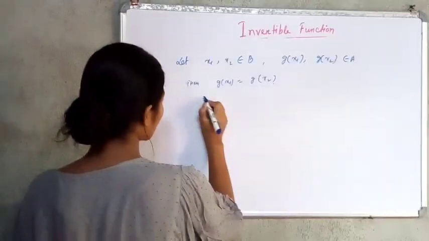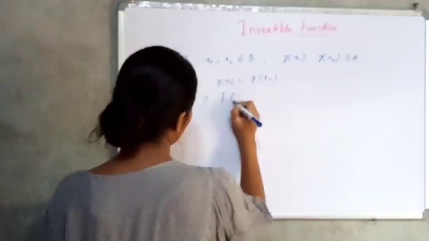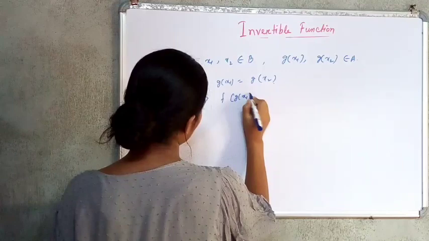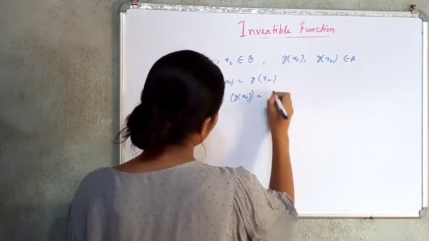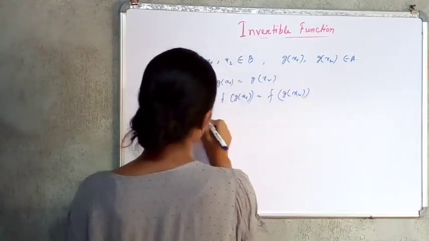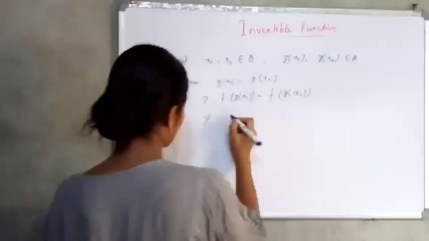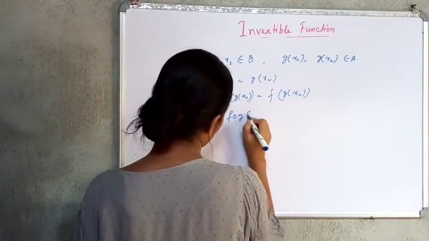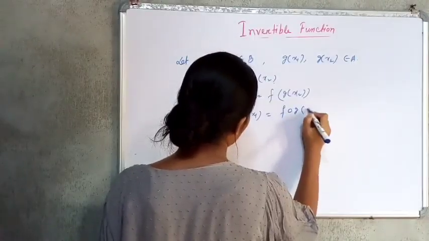Now, taking the function f on both sides, f of g of x1 equals f of g of x2, and f of g of x1 is nothing but f naught g of x1, and f naught g of x2.